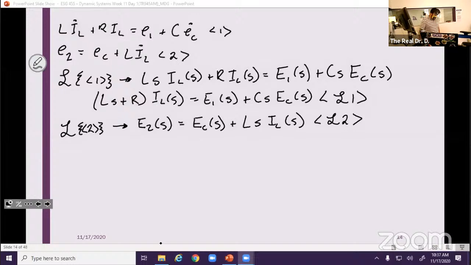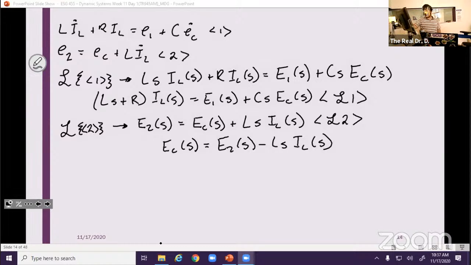So now I'm going to solve equation 2 in terms of E_C. So turn that over, I'll get E2(s) minus L s I_L(s). So just solving that for E_C(s).